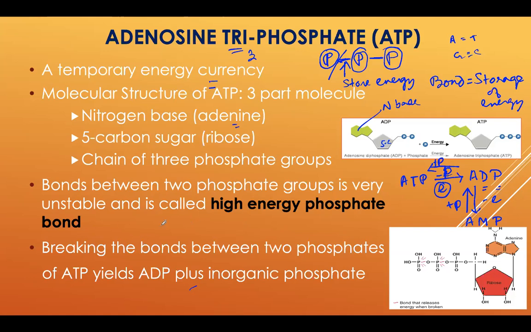Now, another thing I want to talk about is phosphorylation. When ADP converts into ATP, ADP adds another phosphate, and then it produces ATP. Addition of a phosphate group to any molecule is called phosphorylation.